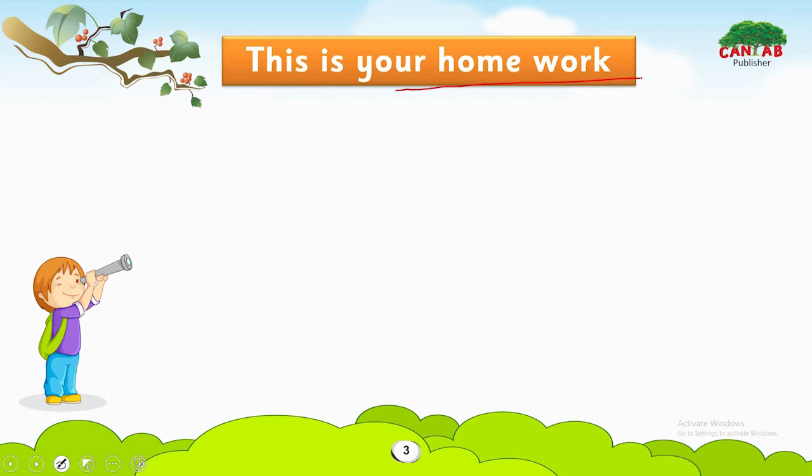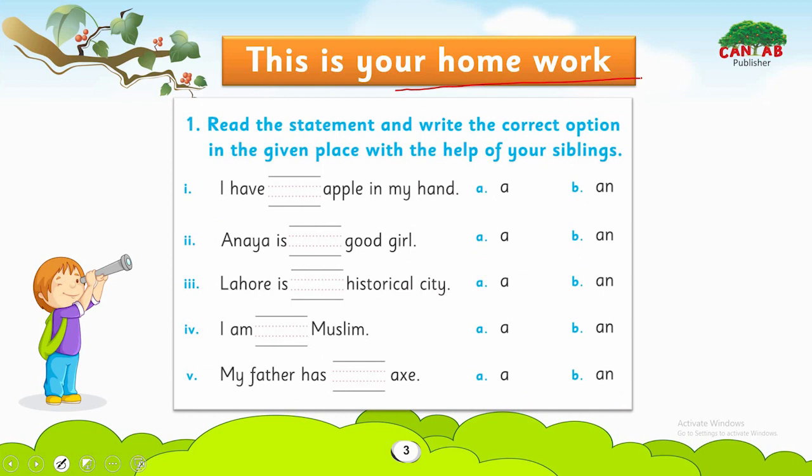So students, there is another activity for you, and that is your homework. As we have studied the use of a and an and what vowels and consonants are, you should keep in your mind what should be used before a vowel, and before a consonant a will be used.